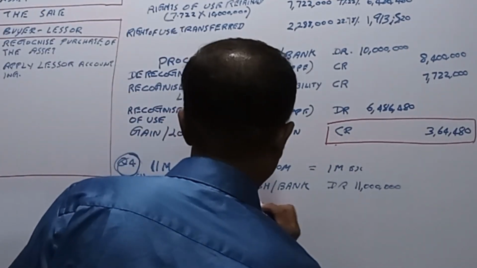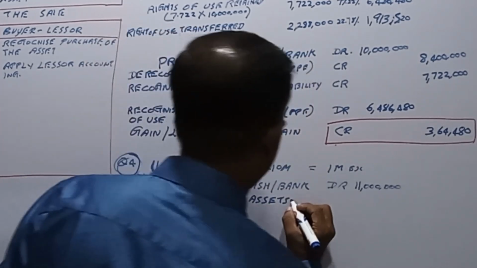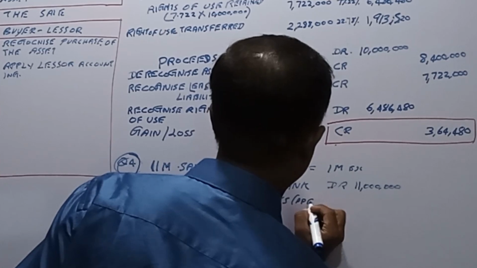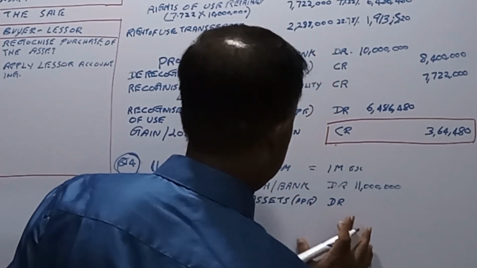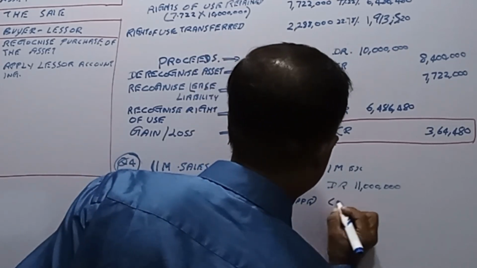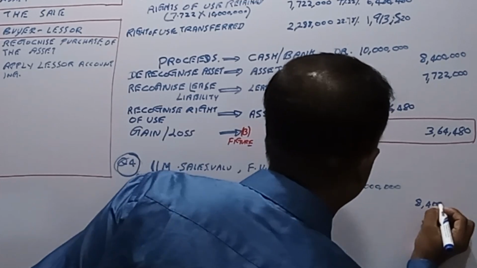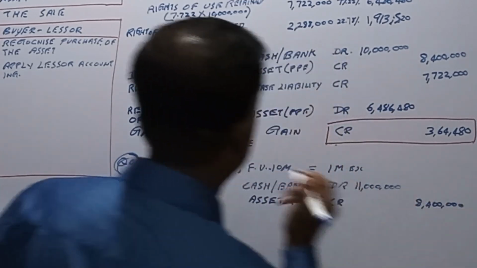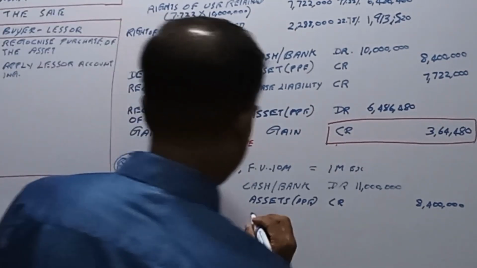Derecognize the assets. Assets or property, plant and equipment is derecognized, credited as 8,400,000, right?